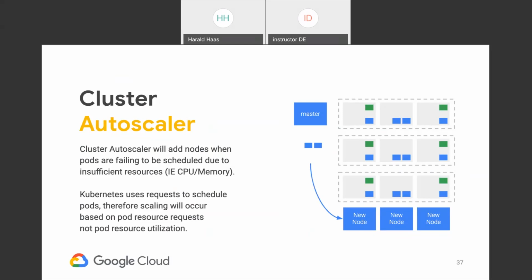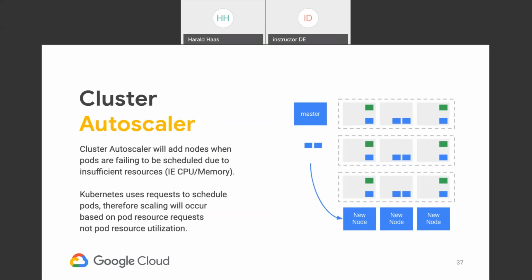And Kubernetes, to also add some facts here, uses requests to schedule pods. So you always have requests and limits defined in your pod, and those will then be used by Kubernetes to determine if there are enough resources available in the node that it would want to schedule, and if not, this whole mechanism I described before would be triggered.